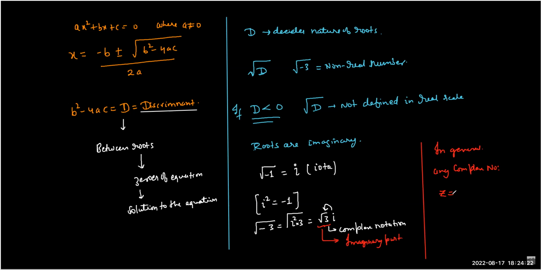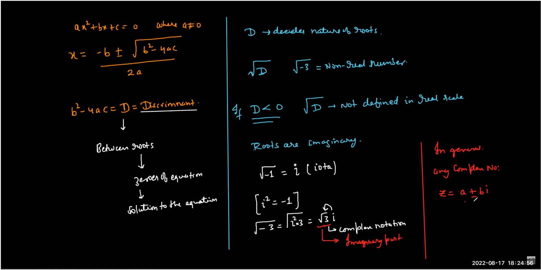So Z is a complex number, and this we can rewrite as some number which is real plus or minus some number multiplied with iota. This is the way of writing. So if you add real and complex, the final answer is complex, because something known and something unknown, if you add up, eventually it is unknown, right? So real plus complex will eventually give you a complex number.